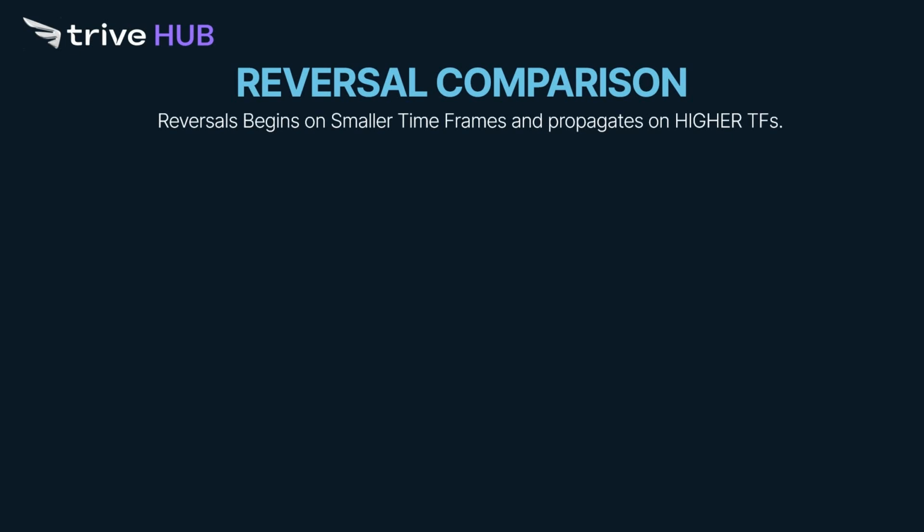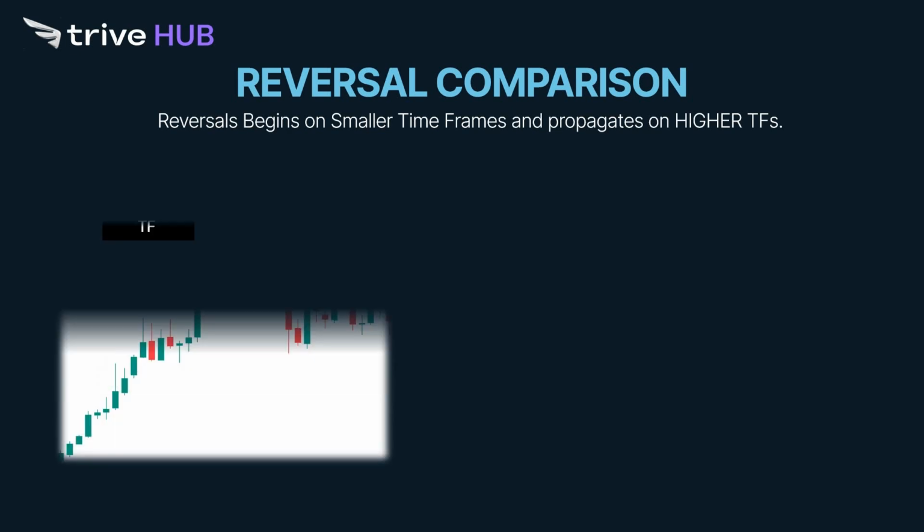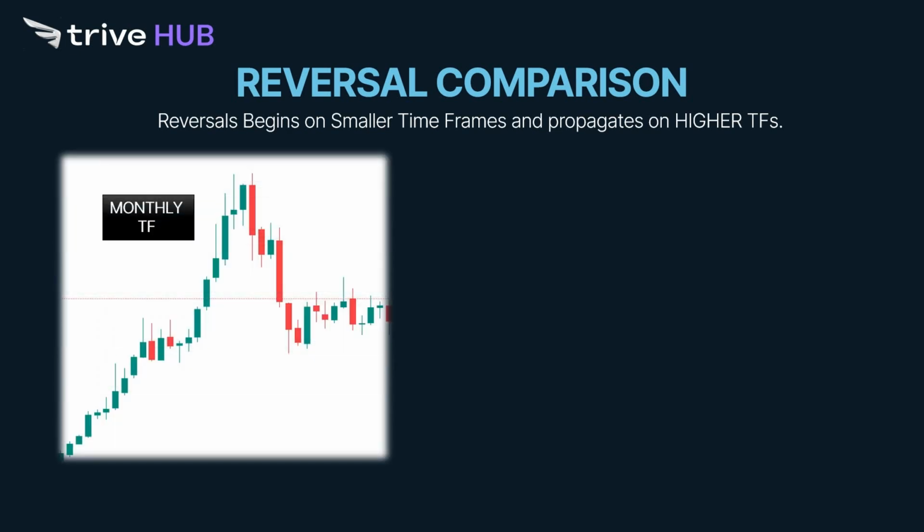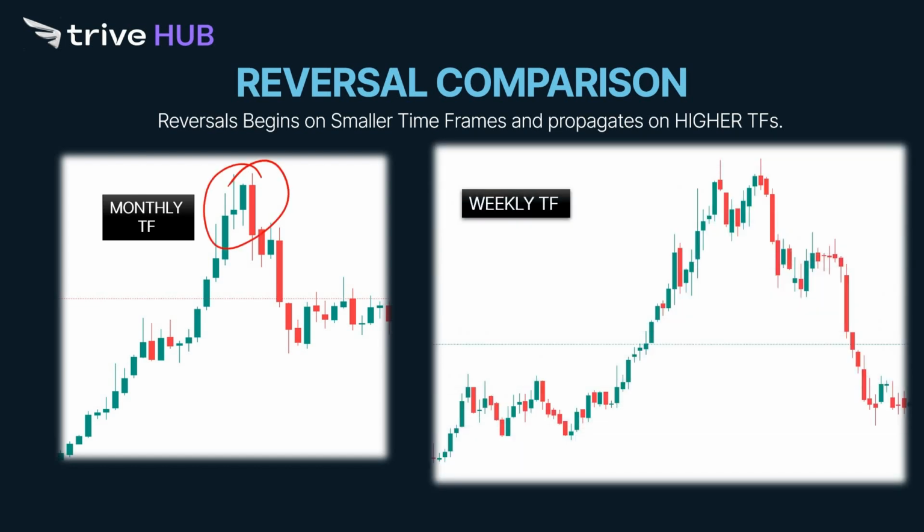So a reversal begins on a smaller time frame first, and then slowly moves onto the higher time frames. You can see this is a monthly time frame and this reversal has occurred, but you cannot see it clearly on this monthly time frame. You cannot find any structure. But on the other hand, if you look at the weekly time frame, it has formed a very good double top structure and it has given you a good breakdown below the double top neckline.